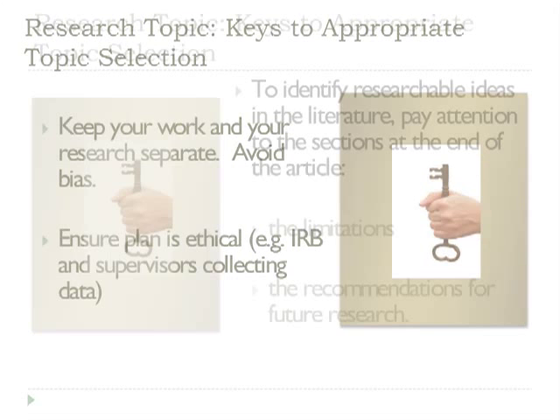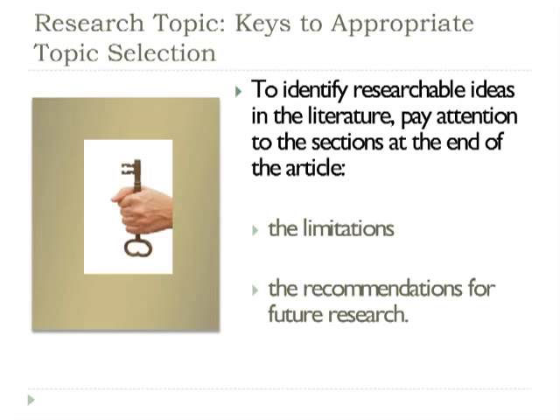regulations. Now that we've talked about how to appropriately select a topic for research and identified literature as central to this, you're probably wondering how you identify researchable ideas in the literature. I recommend that you pay specific attention to the sections at the end of any peer-reviewed article that you look at.